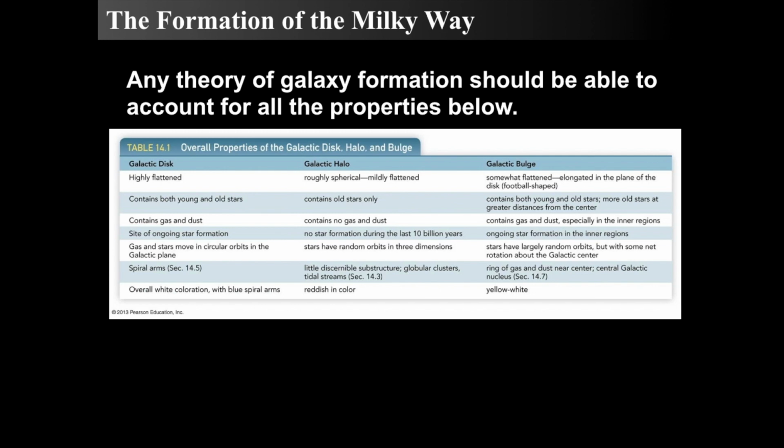But the star formation is only happening in the very, very central regions of the galactic bulge. However, the stars all have pretty much random orbits in the bulge. But there's a net rotation around the galactic center, and there's always a ring of gas and dust near the center in the galactic nucleus, which we haven't talked about yet, but we're going to soon. And the galactic bulge tends to look yellow-whitish because of the presence of older stars.